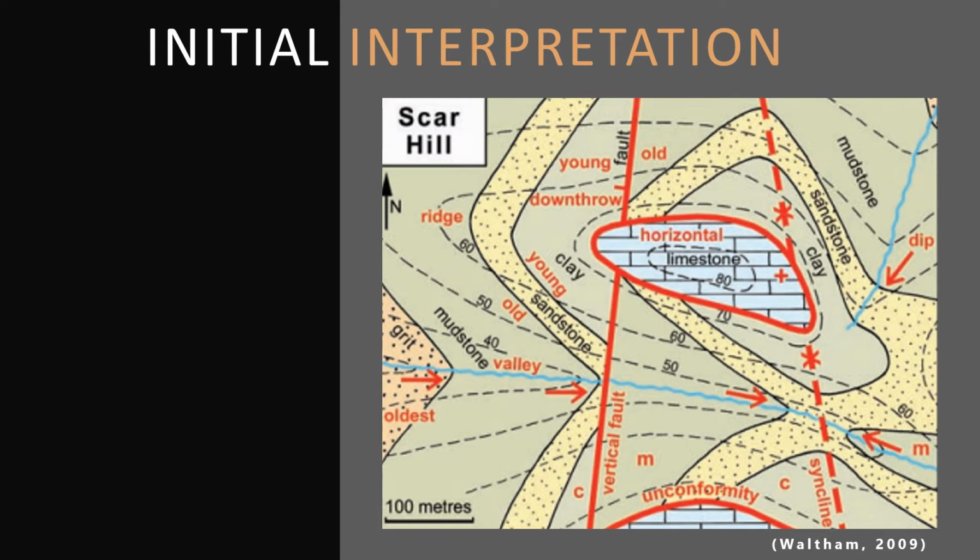So the fourth step is the fold axis. As we all have remembered, the fold axes like the syncline and anticline can be identified by recognizing the change in direction of the dips.